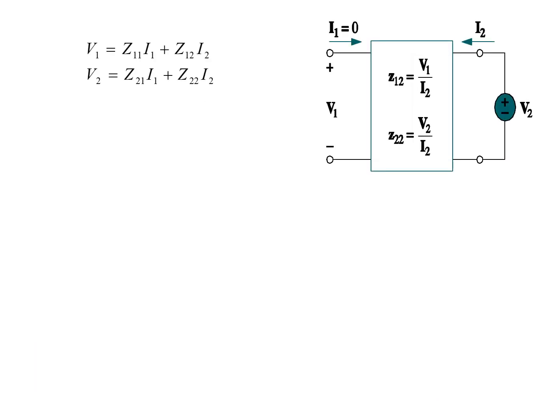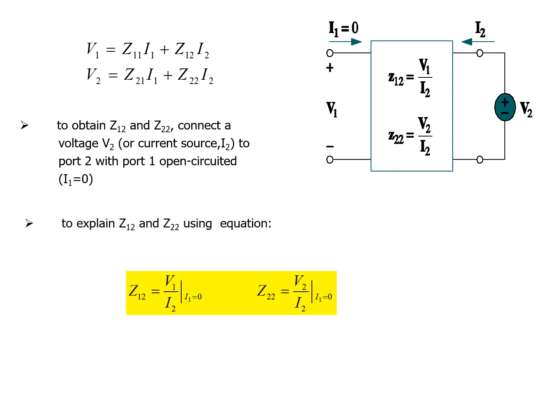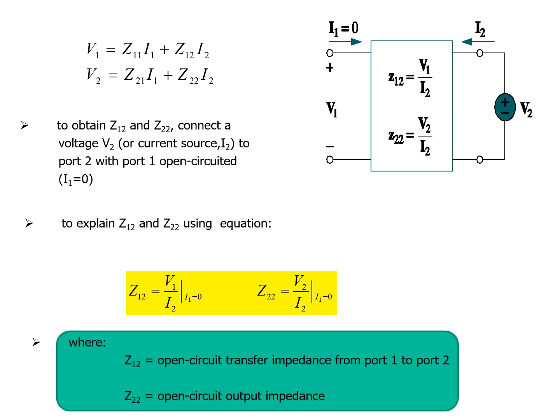Right, moving on. To obtain Z12 and Z22, this time we have to open the terminals for port 1, which will make I1 become 0, and connect a voltage source at V2. We obtain Z12, which is V1 over I2 at I1 equals 0, and Z22, which is V2 over I2 at I1 equals 0.